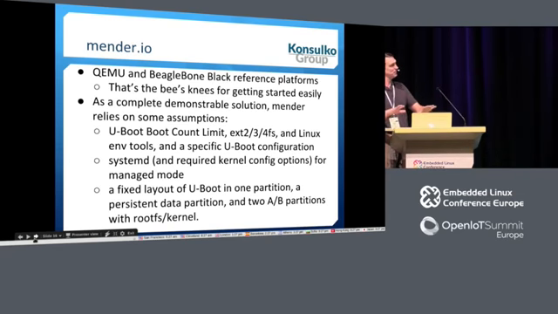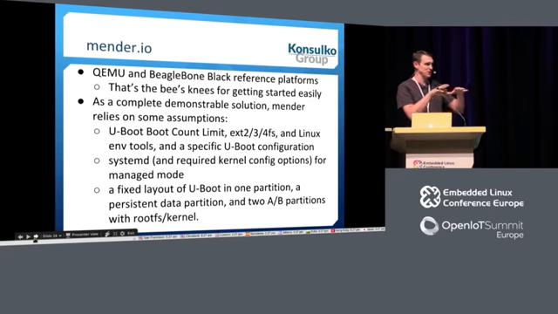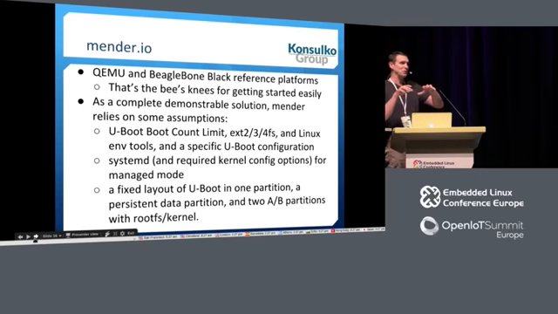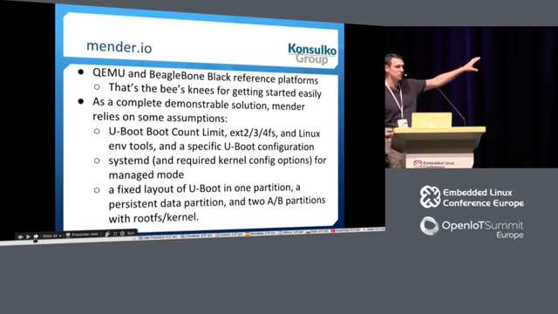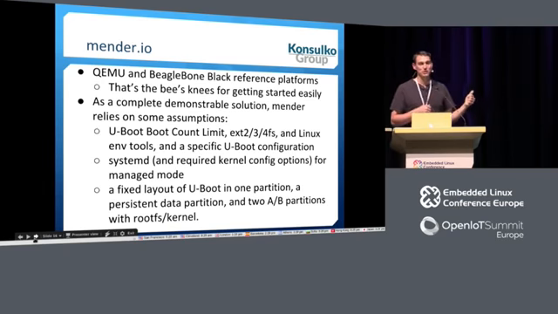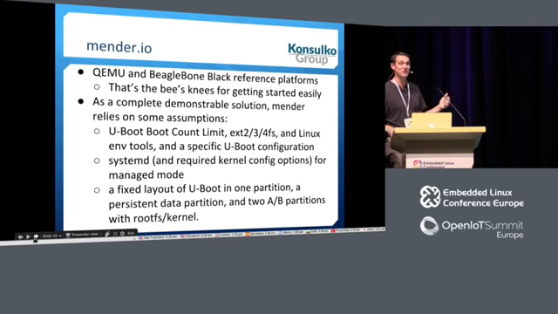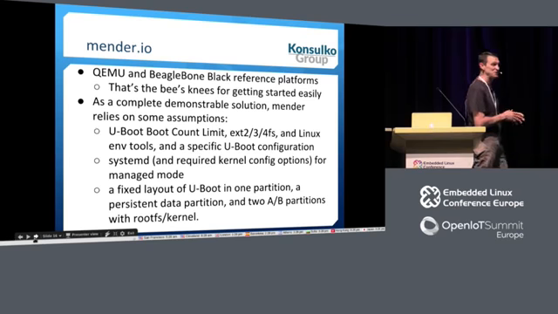One of the differences we see, and everybody's project scope is different. SWUpdate is being used in some projects, but it doesn't try to be a complete end-to-end solution like Mender is doing, right? The whole delivery end and so forth. And here, in doing a complete demonstrable solution, they've made some assumptions, right? So you need to have a reasonably recent U-Boot, and a lot of commercial vendor code trees don't have a recent U-Boot.